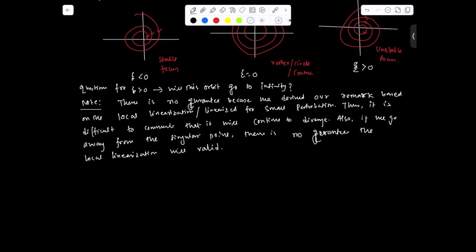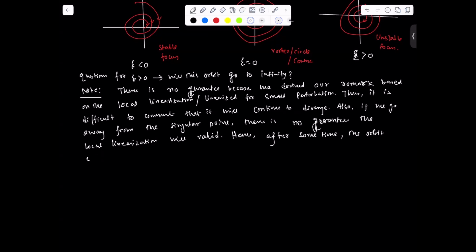That is obvious. Hence we can write that after some time the orbit is still incoming, towards the equilibrium point.